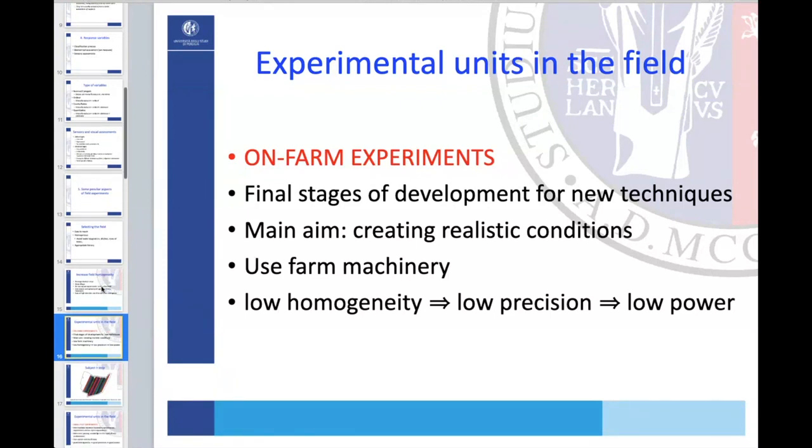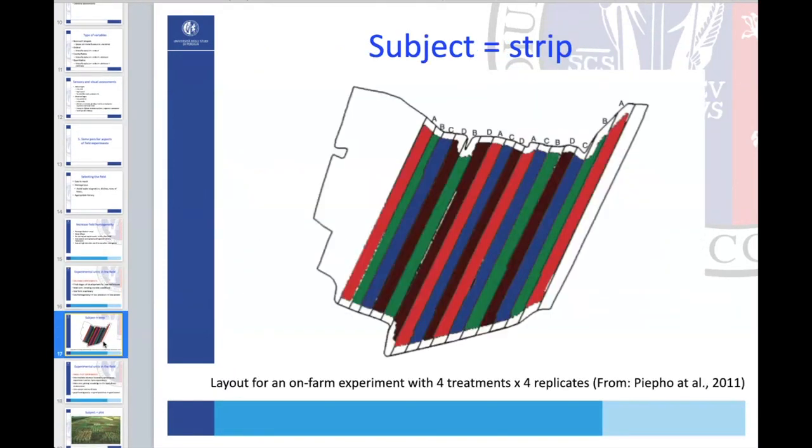When we make on-farm experiments, we use strips. What you see here is a big field, an irregular field, which is typical of certain situations. For example, here in the hills of Umbria, our experimental subject is a field strip.